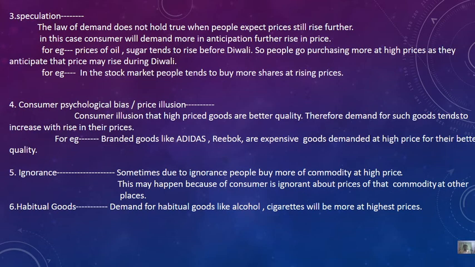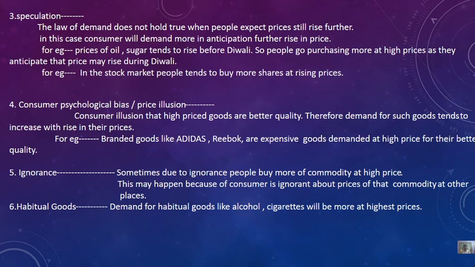Due to speculation, the demand for a commodity may rise or fall. People may tend to buy more at rising prices because they anticipate a further rise in price in future. For example, in the stock market, people tend to buy more shares at rising prices.